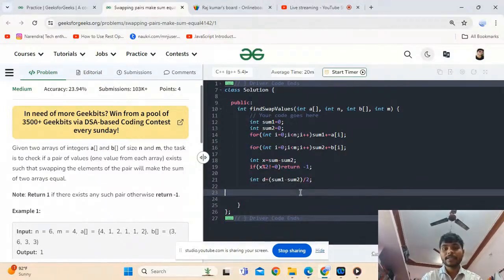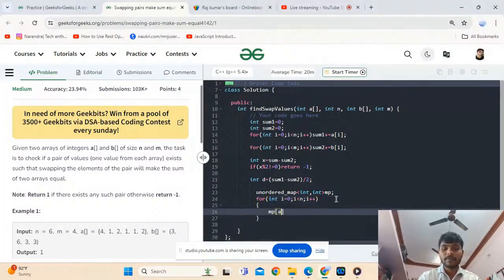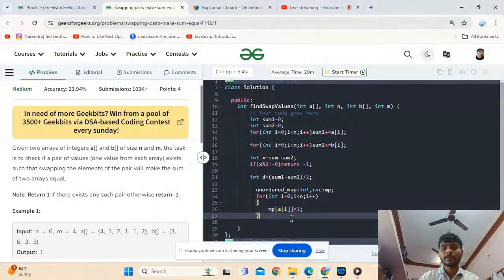Here I am using one hash map, an unordered_map. mp of a of i, just I am adding, you can give any value.